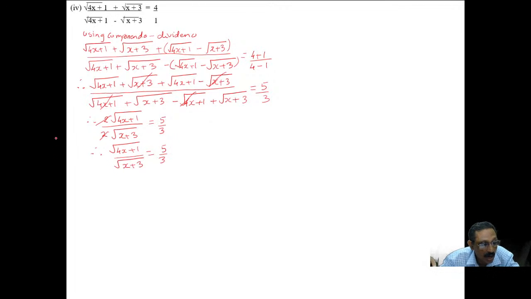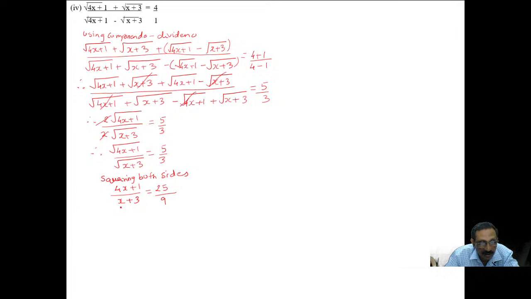As I told you, now I want to get rid of this square root sign. To get rid of the square root sign, we can square both sides. Squaring both sides, we get 4x plus 1 upon x plus 3 is equal to, 5 square gives me 25 and 3 square gives me 9.